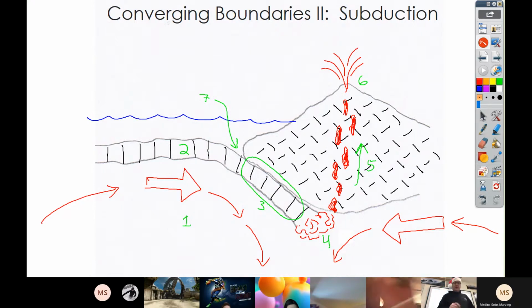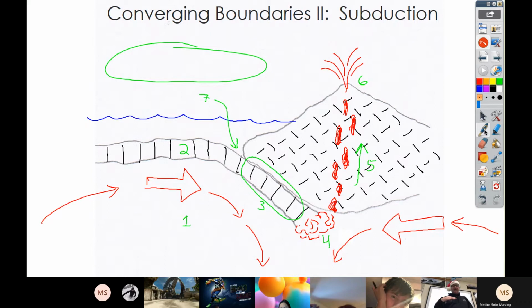Okay, so let's start describing what's happening here. So we're going to make a key. So underneath, I'm going to write up here, right? But then I'm going to write number 1, then I'm going to erase it and write number 2. So you guys should write everything underneath the diagram. Make sure you have room for all 7 things.